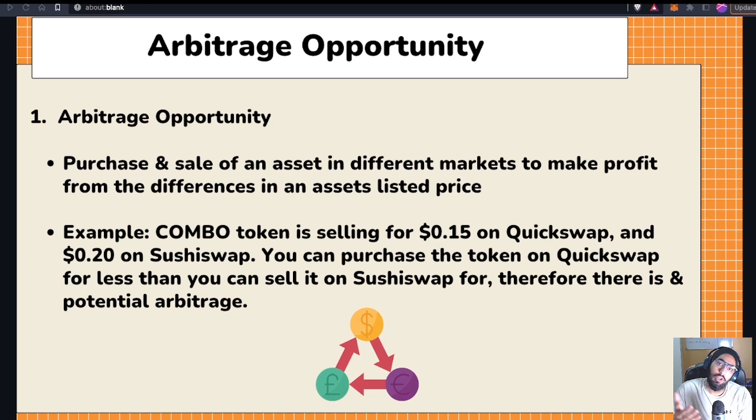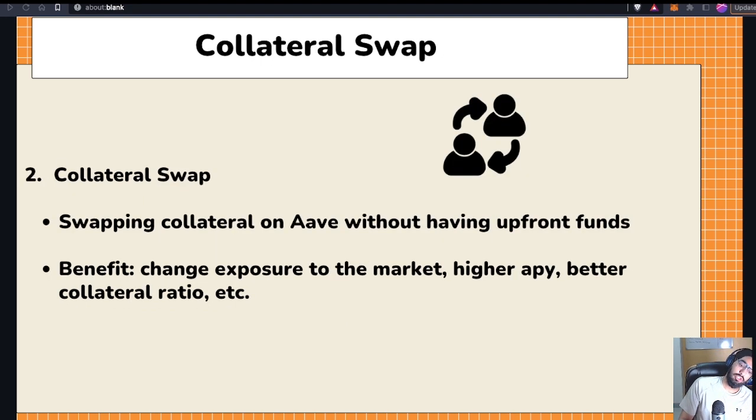You buy it from an exchange, you sell it on a different exchange, you make profit, and then return the flash loan, right? Because if you want to make good profits, you need more money, right? Flash loan is helping you to get that money and then use it for arbitrage and then make profit and then pay back the flash loan, right? Simple as that. Cool. So this is where flash loan is coming in, and this is how flash loan is being used in arbitrage opportunity. The next is collateral swap.